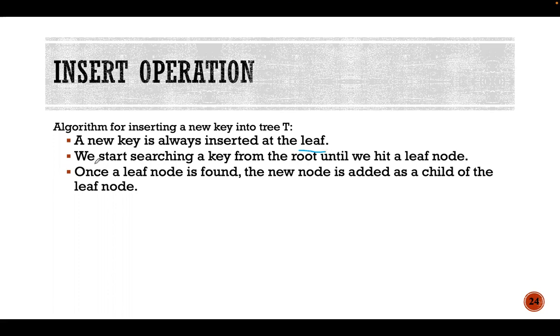What we are going to do is start searching for the key from the root until we find a leaf node, following the properties of the binary search tree, which is very, very important. Once we find a leaf node, the new node will be added as the child of that leaf node.